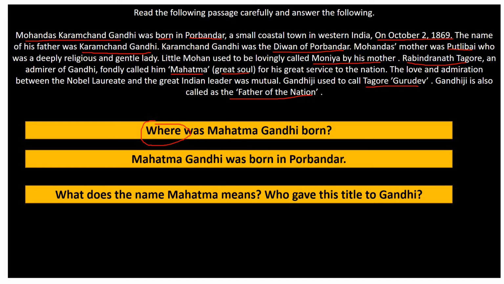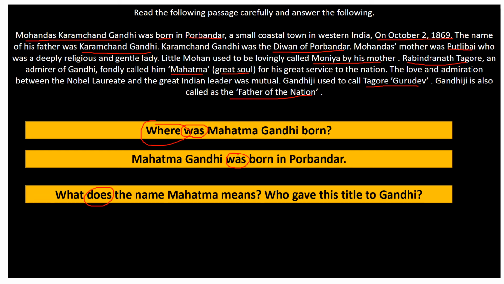So Mahatma Gandhi was born in Porbandar. Next is, what does the name Mahatma mean? I have searched for this word Mahatma here, and great soul. So Mahatma means great soul. Now, see, does is in present tense. We need to see tenses in this also. If our question is in present tense, our answer will be in present tense. If our question is in past tense like was, our answer will also be in past tense, was. So now question 2, what does the name Mahatma mean? The name Mahatma means great soul.